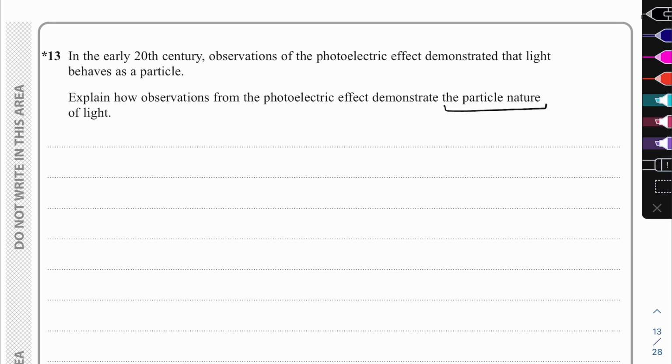We are not trying to disprove the wave aspect, wave nature. That's not what we are doing. We are trying to demonstrate the particle nature.